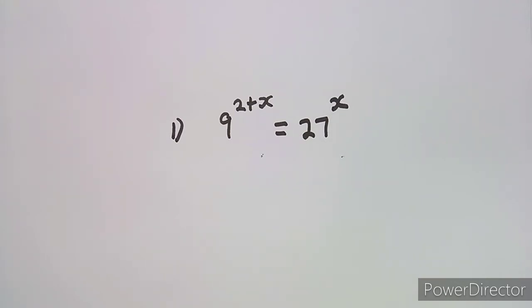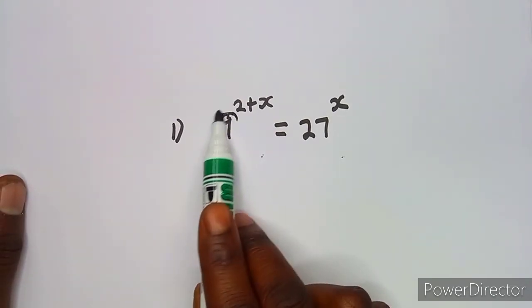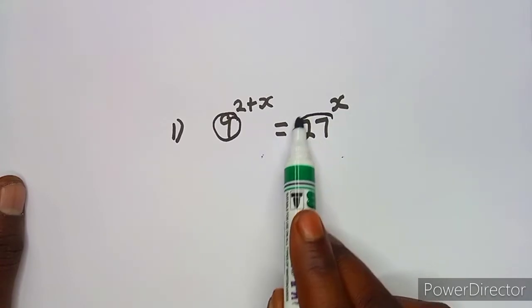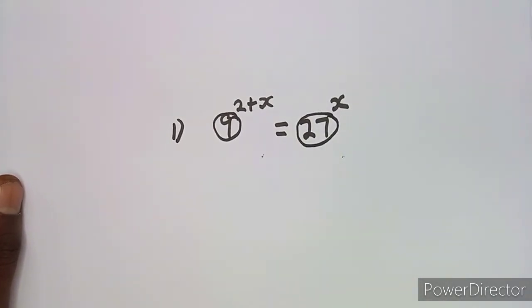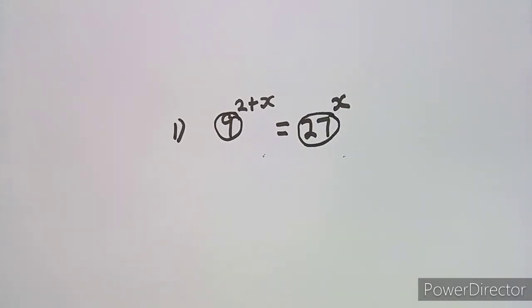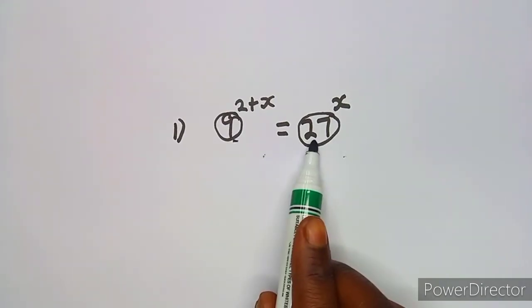This is the condition, guys. We have 9 as a base here, and we've got 27 as a base here. But I can't write these two numbers in either base 9 or base 27. I can choose another base.